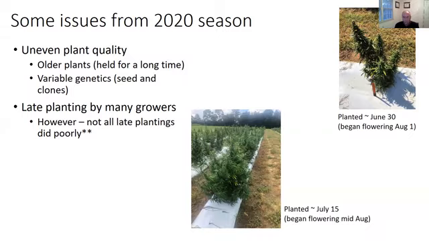So those plants were never root bound. They weren't old, they were just planted later. It's kind of interesting. I think there's a combination of things going on with some of these older plants not doing as well and some of the late plantings. I wouldn't necessarily recommend planting in July, but in this particular case, it actually worked out fairly well.